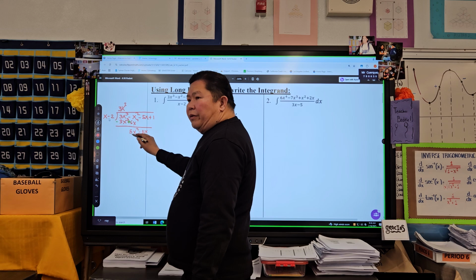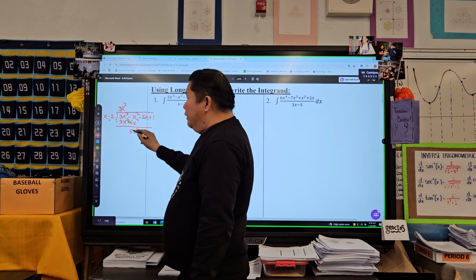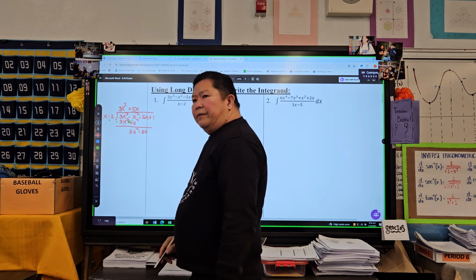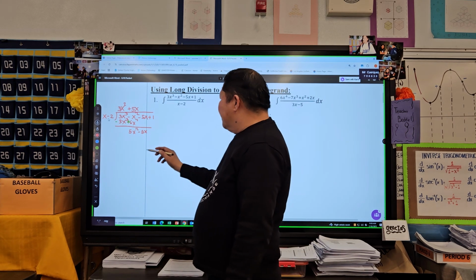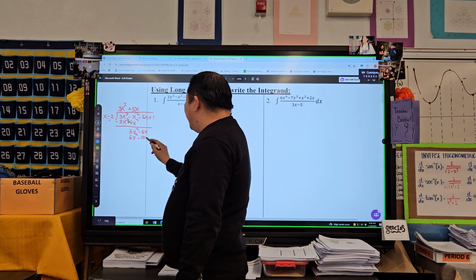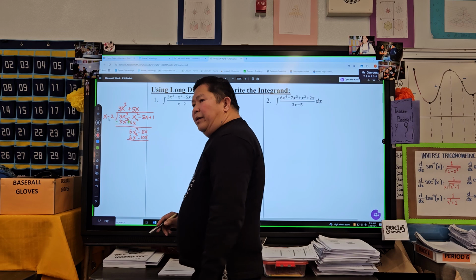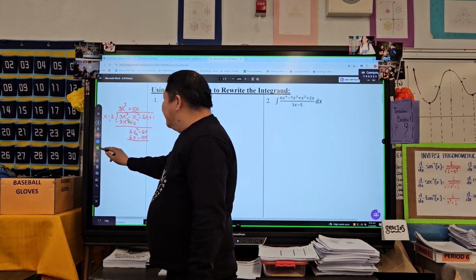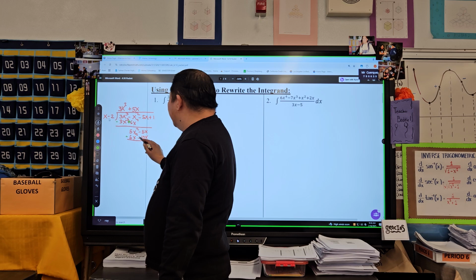Since the coefficient right here is 5, and it is positive, so we say 5x. So 5x times x is 5x squared, and then minus 10x. Again, we still mentally change the sign from positive to negative and negative to positive.